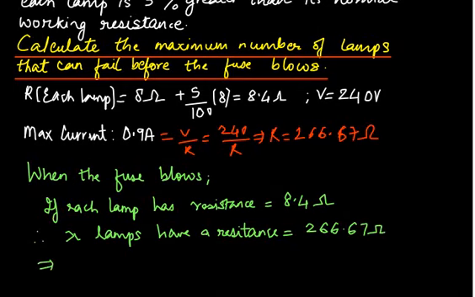Therefore X is the number of lamps that have a resistance equal to 267. So X is equal to 266.67 divided by 8.4 ohms, and that leaves you with 32 lamps approximately.